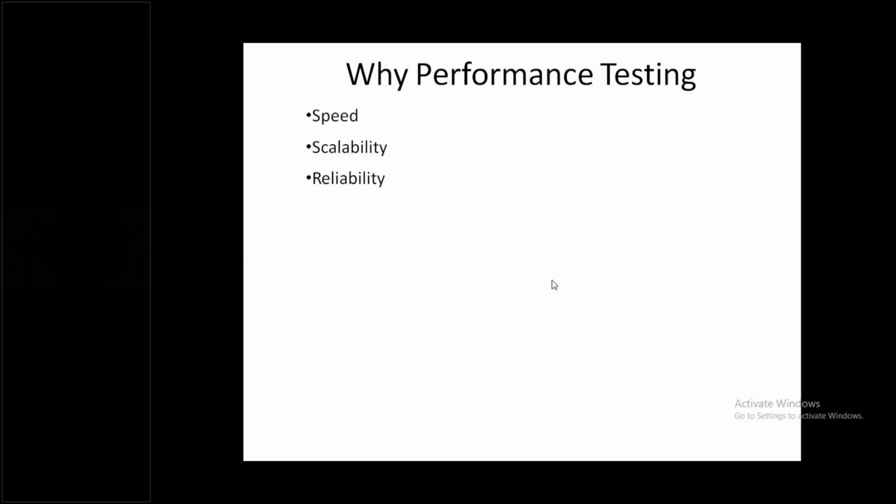So these are the reasons why we need performance testing, and the different parameters or metrics which we are going to measure out of these different tests are like the response time. So response time is a measure of the speed of the application, right?